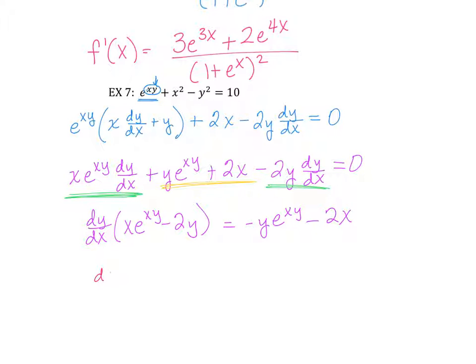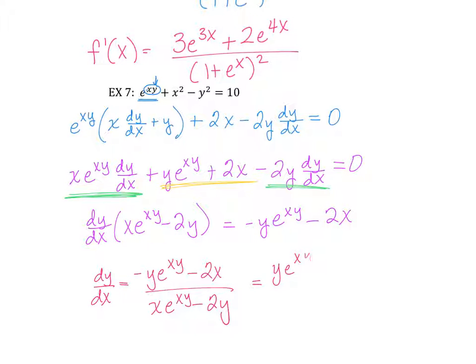So what would I get for dy/dx? dy/dx would be negative y e to the xy minus 2x, over x e to the xy minus 2y. And again, for multiple choice sake, I want to remind you that an equivalent fraction, if you think about factoring a negative 1 out of both the top and bottom and then canceling, is if every sign of every term is opposite, then you have an equivalent thing.